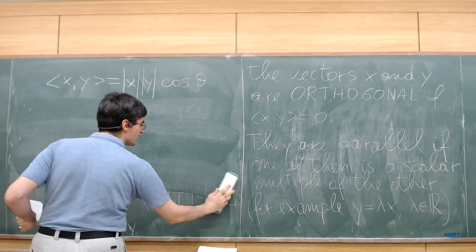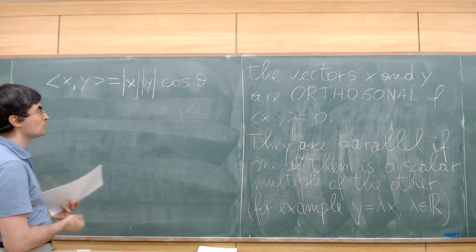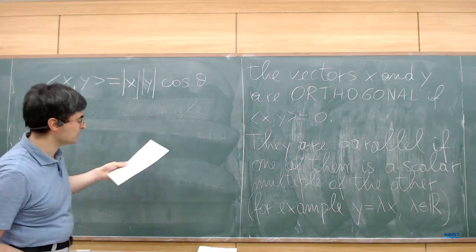And what are the consequences of parallelism of two vectors on the value of the angle theta between two vectors?